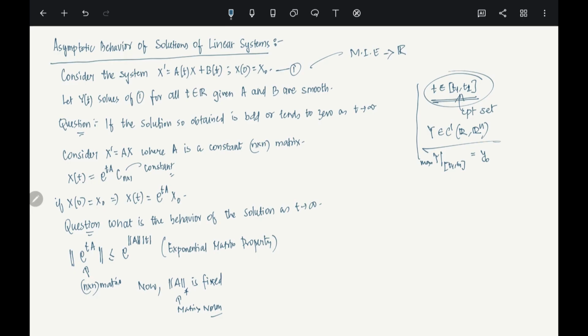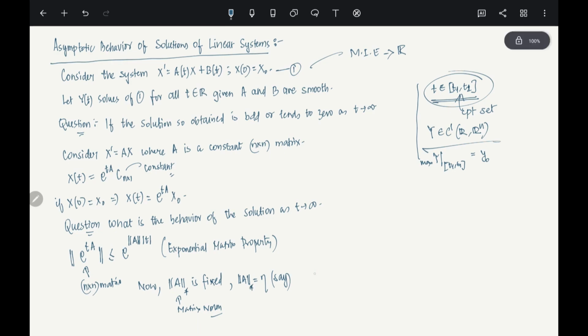So e^{norm A mod t} is fixed, and we can say that norm A equals, let's say, eta, some real number.